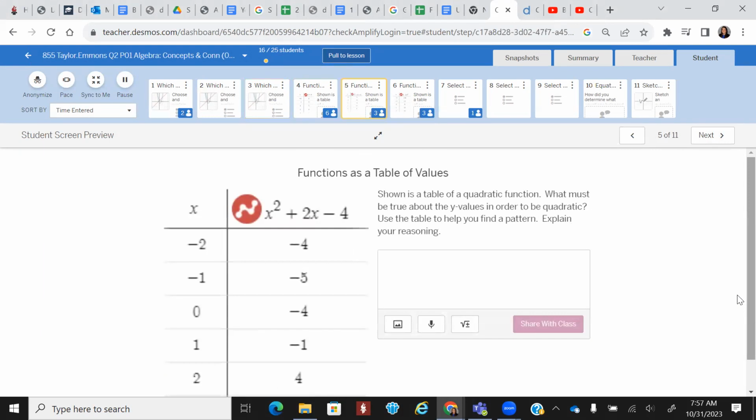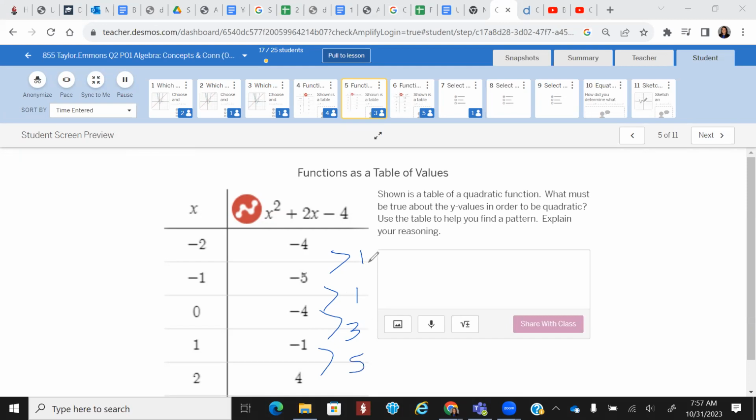What must be true about the y values in order for it to be quadratic? Is it first difference? Is it second difference? Or is it multiplication? So like on here, if I find the first difference, I see this is 1, and I see this is 1, and then I see this is 3, and I see this is 3, no, 5, sorry, 5.